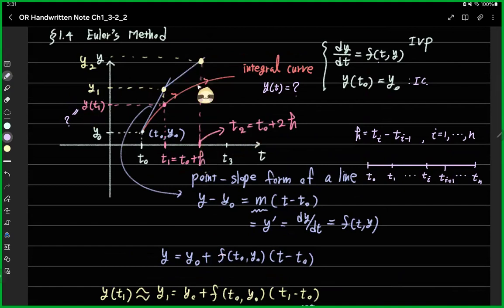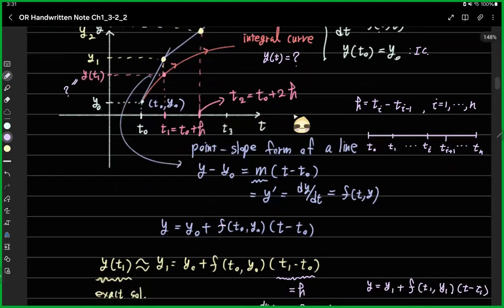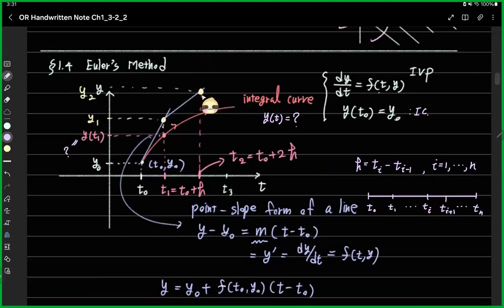So now you can see that the gap between Y sub 2 and Y of T sub 2 is bigger than this one, right? So we can expect that as time is marching, the quality of the approximation gets poorer and poorer.